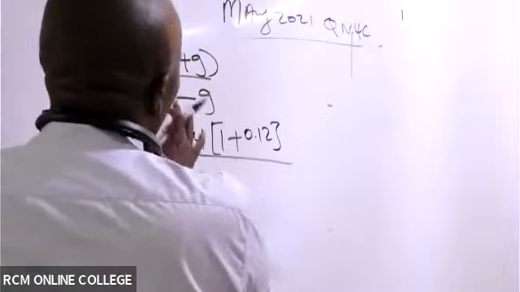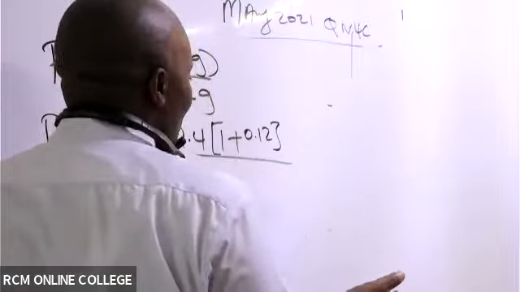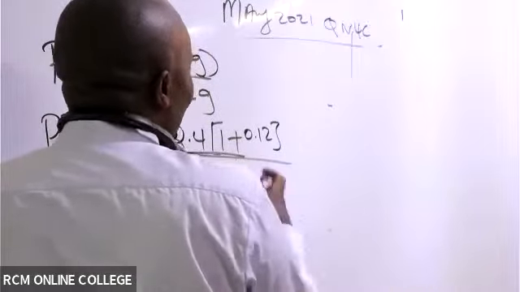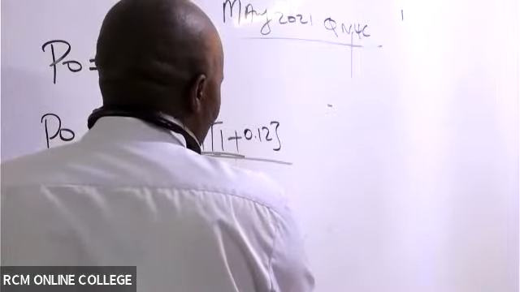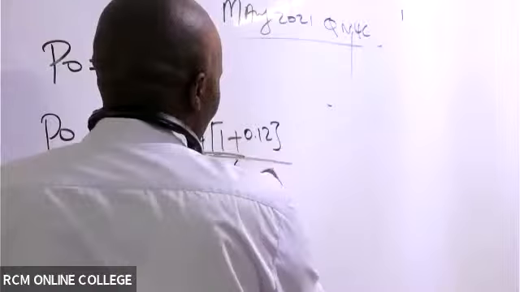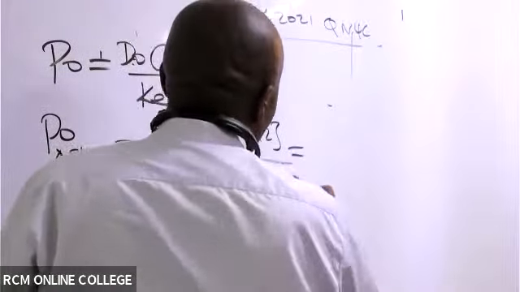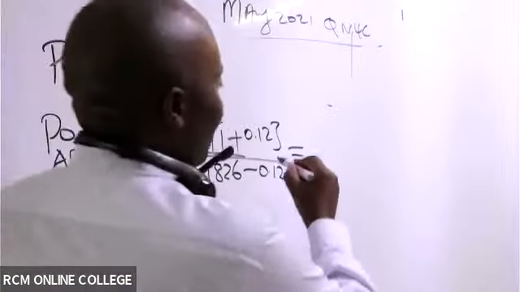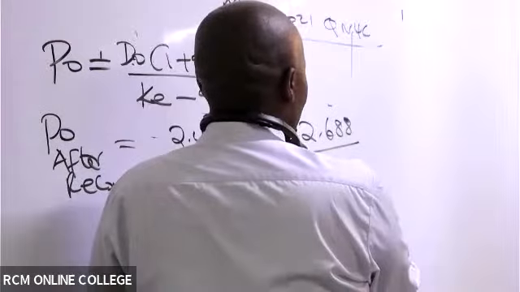So the D0 will remain at 2.4, into 1 plus growth rate, that does not change. How about Ke after reconstruction? 0.12 minus who? Please give me the numerator. 2.688. All over what here?